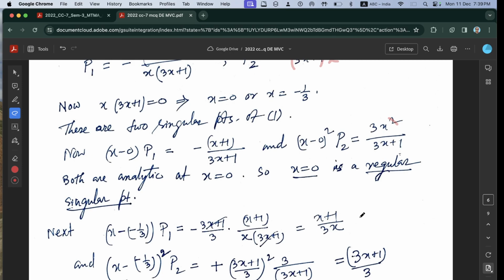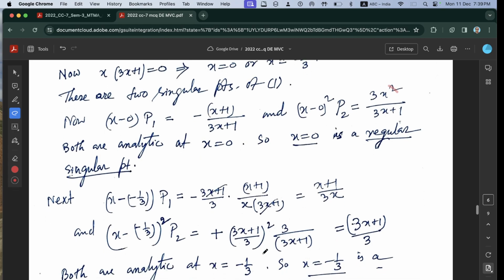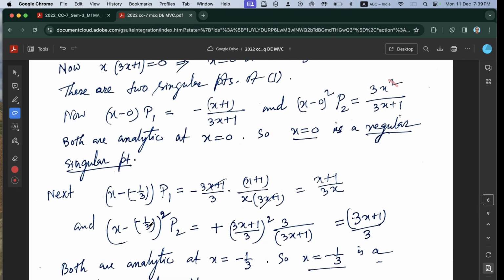So we get (x plus 1) by 3x, and (x plus 1 by 3) whole square, so cancel this term. So we get 3x plus 1 divided by 3 whole square.